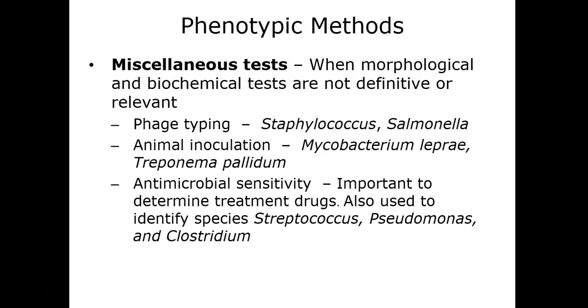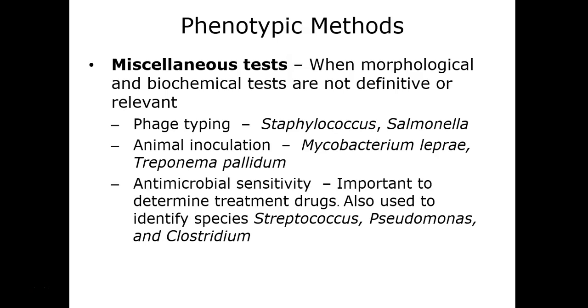Well, in order to distinguish very subtle differences within species, we look for strains. So phage typing allows us to distinguish between those bacterial strains, those subtle differences in bacteria like Staphylococcus or Salmonella.